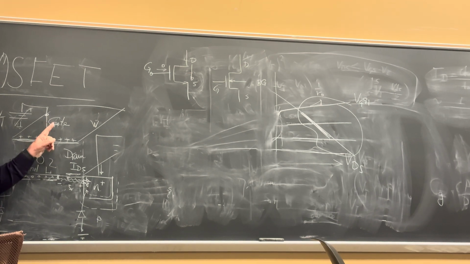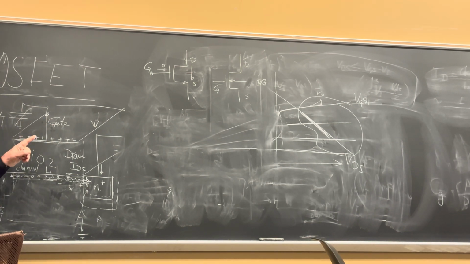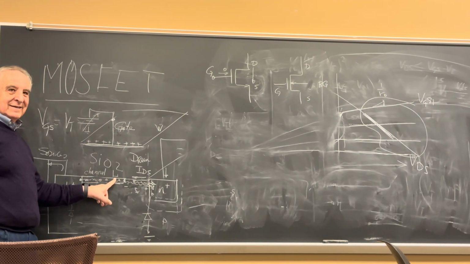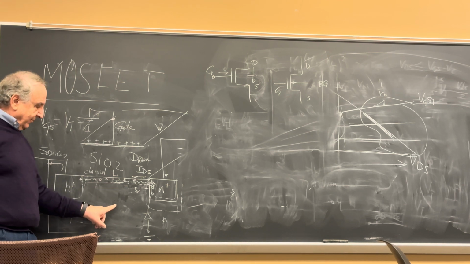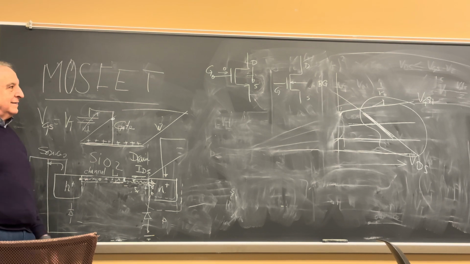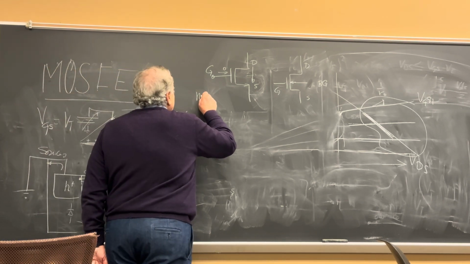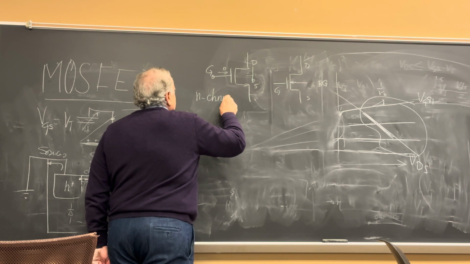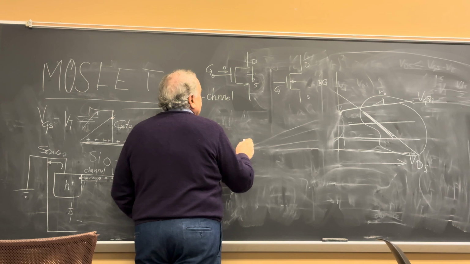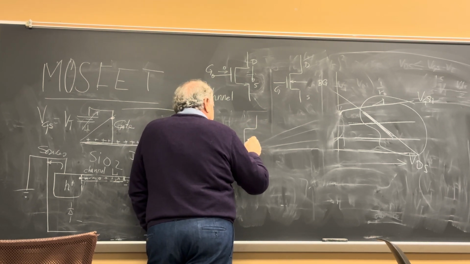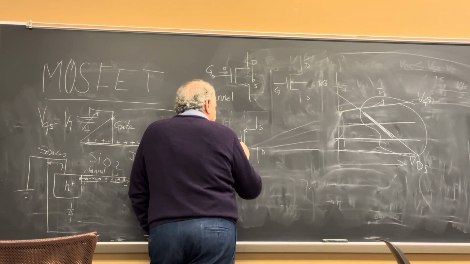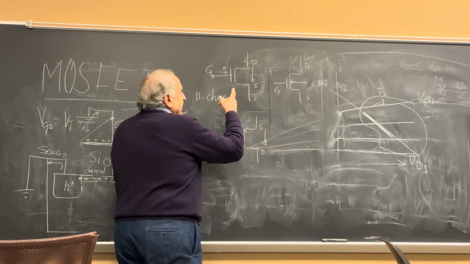This is N channel, right? This is P, N. It's from P to N, like when we go back to diodes. So this is N channel. P channel: source, drain, gate. Current going that way, source to drain.